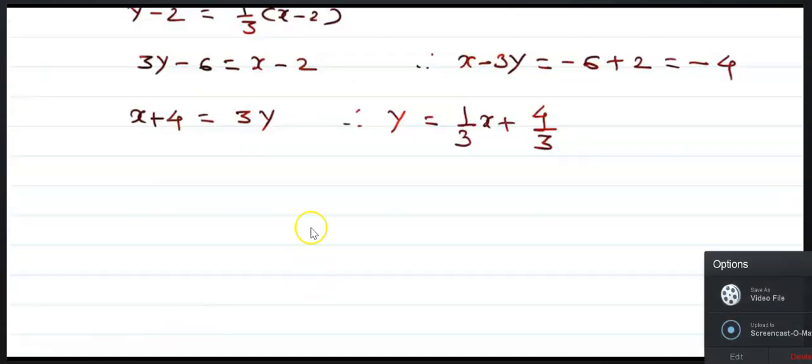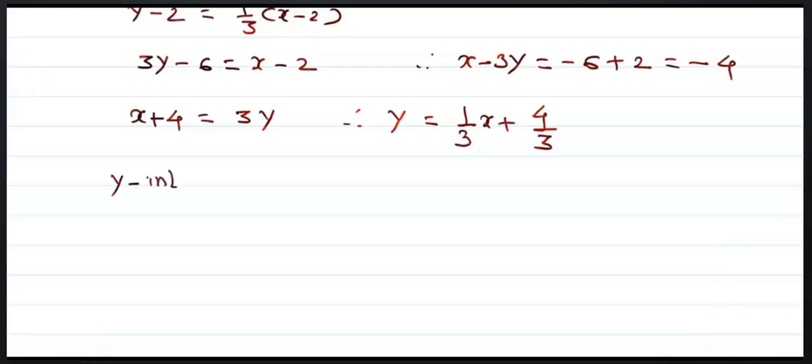Now we'll express this line in the form y is equal to mx plus c, and therefore find its y-intercept. जेव्हा केव्हा लाईनचं इक्वेशन या फॉर्म मध्ये असणार y is equal to mx plus c, हा c म्हणजे the y-intercept. This c is nothing but the y-intercept. It is 4 upon 3.